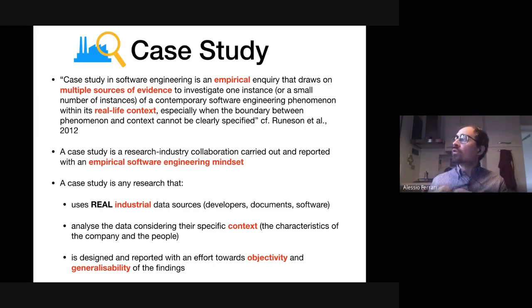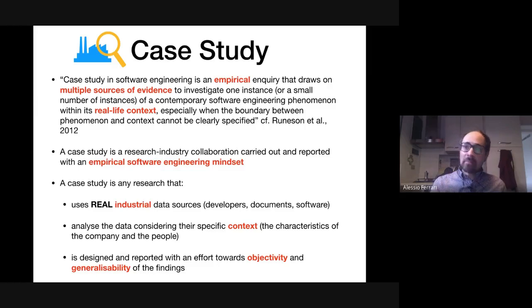Although you are focusing on just one specific instance, somewhat this instance should be representative of something that happens in other companies, in other realities. And it is investigated within its real-life context. In software engineering, most likely this will be an industry that develops software or systems in general, especially when the boundary between phenomenon and context cannot be clearly specified.